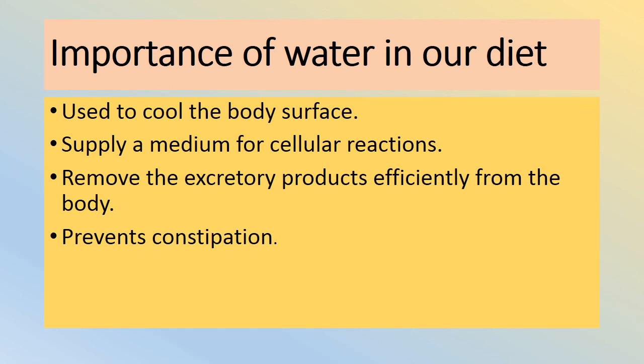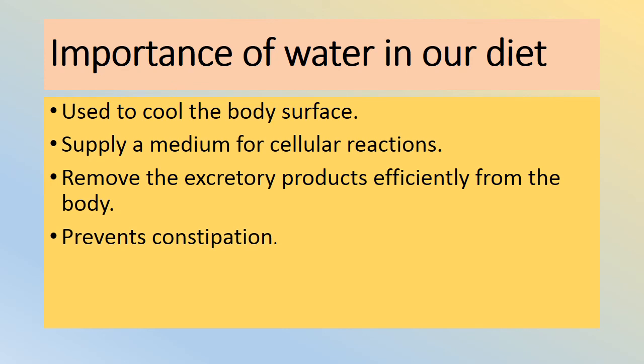So children, water takes a very important role in our diet. So we have to drink adequate amounts of water. So let us see the importance of water in our diet. First, it is used to cool your body surface, and it will supply a medium for most of the cellular reactions to take place. Most of the reactions taking place in the cell take place in a watery medium.